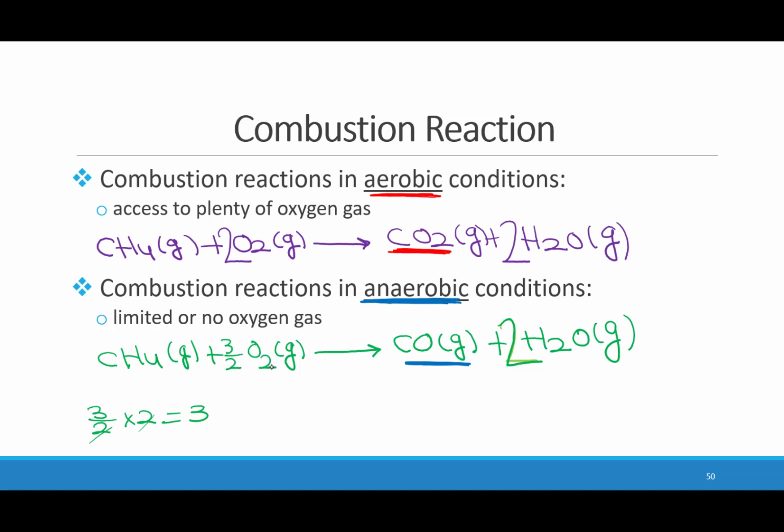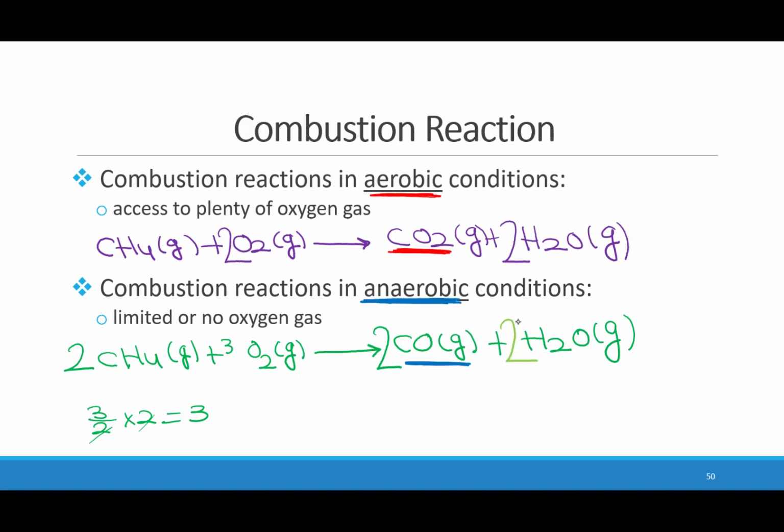Since we cannot have a fraction, we have to do something to get rid of the fraction. If I multiply everything by 2, I could get rid of the fraction, right? Then I'm going to multiply every single coefficient by 2. Then 1 times 2 is 2. 3/2 times 2 is 3. 1 times 2 is 2.